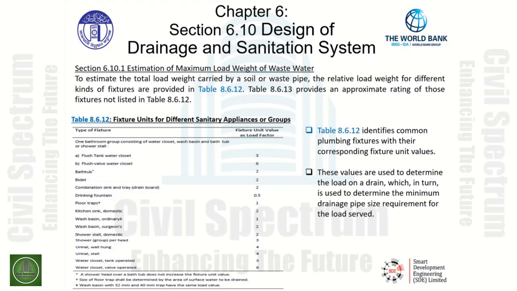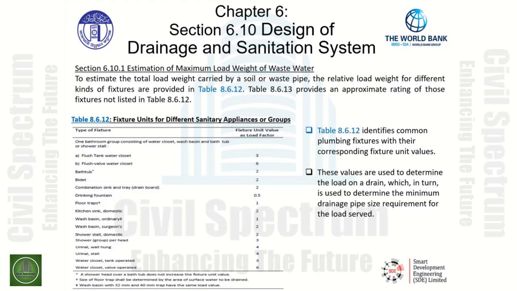Section 6.10, Design of Drainage and Sanitation System. The very first section is section 6.10.1, titled Estimation of Maximum Load Weight of Wastewater.